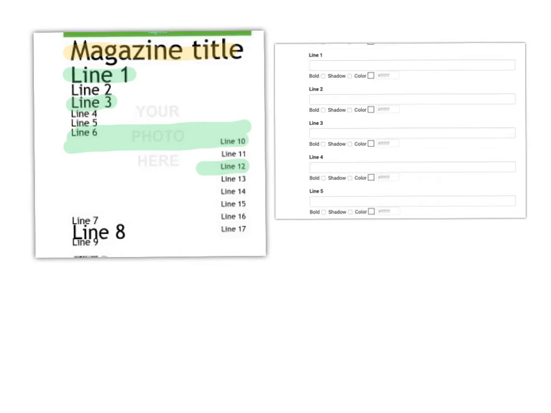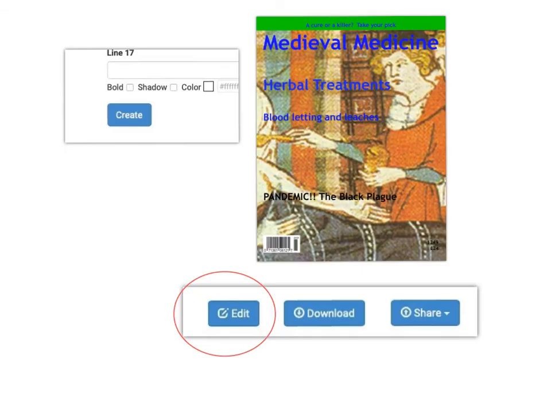So if I want to put mine in line 3, then you'll see over here, here's line 3, and I type in the words, and then I can decide, do I want it bold, do I want a shadow, and I can change the color. And if I want line 6, well, that's going to be down below. So you really want to study and figure out how long your subtitles are and space them out so that they're easy to read.